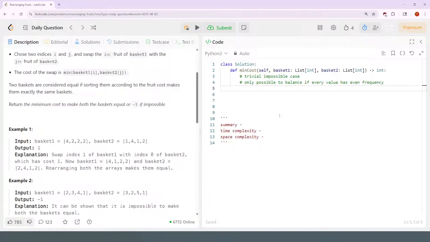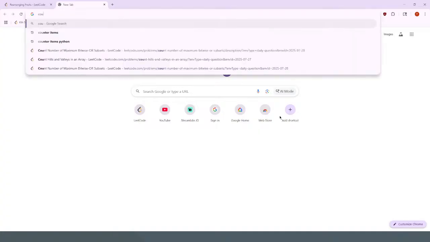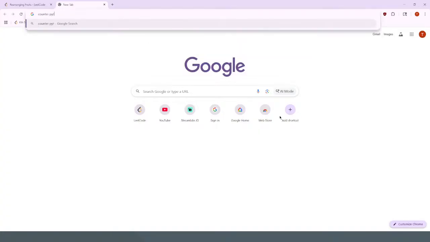So how should I figure this out? I could maybe make a total frequency counter. Actually, can I make a counter out of multiple things, like multiple sets or multiple lists?